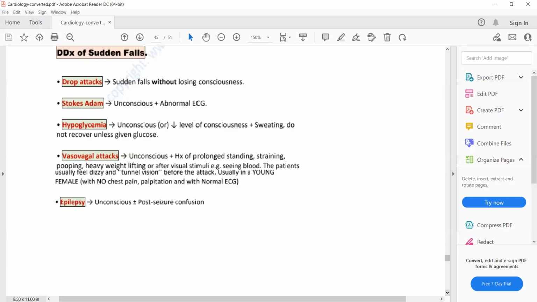Another differential diagnosis of sudden fall is drop attack. What is a drop attack? Sudden fall without losing consciousness. In drop attacks, the patient is usually conscious. For example, any problem in the spinal cord or lower limb weakness such as cauda equina syndrome can lead to a drop attack.